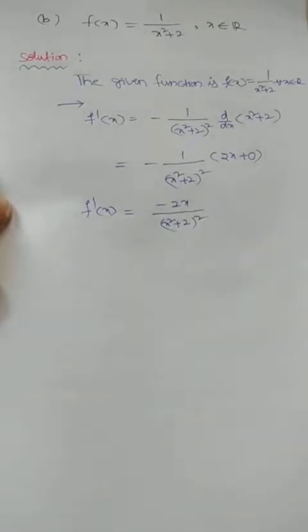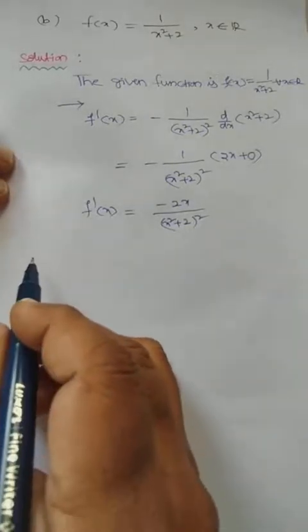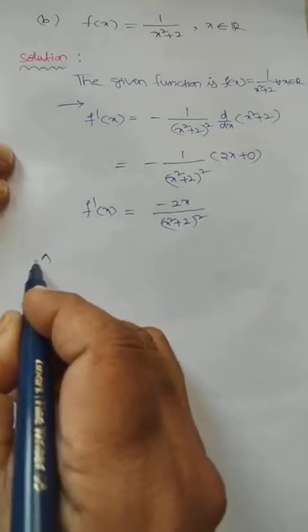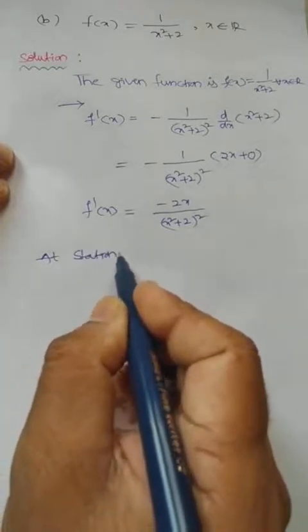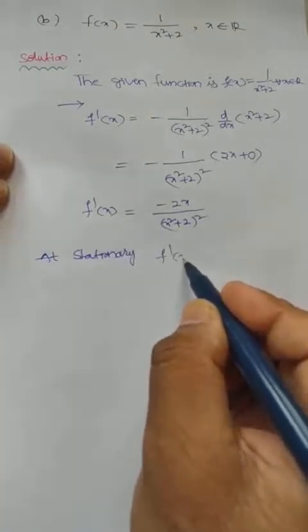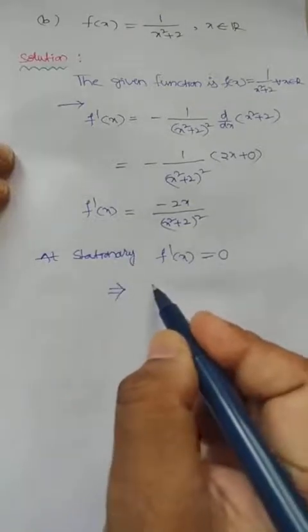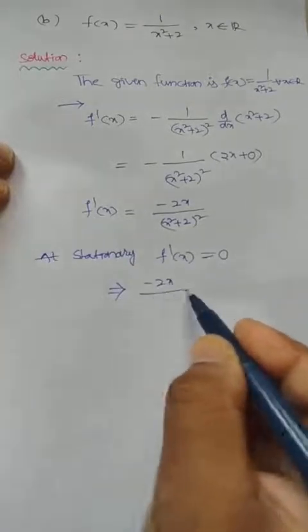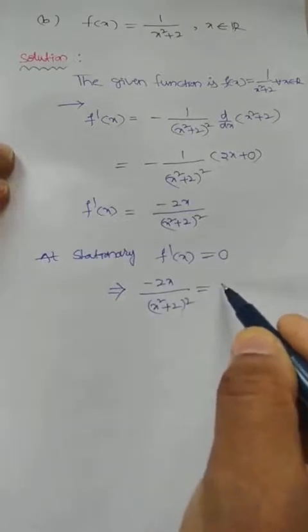Okay. Now at the stationary point we have to check that f dash of x must be 0. That implies minus 2x by x square plus 2 whole square is equal to 0.